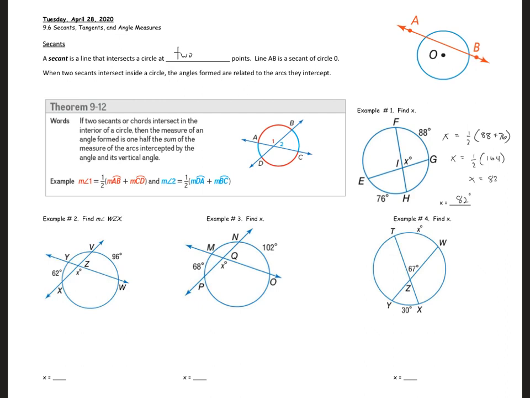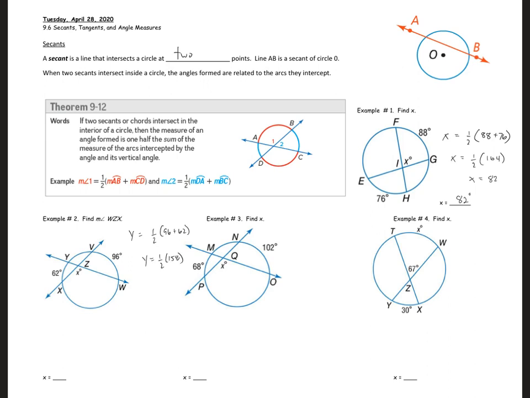So 96 plus 62, we'll call that y, is equal to 1/2 of 96 plus 62. If I do that, I'm going to get 158.